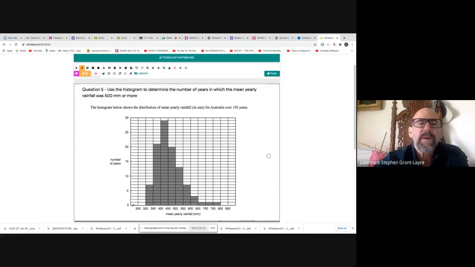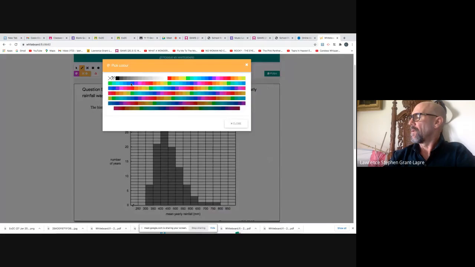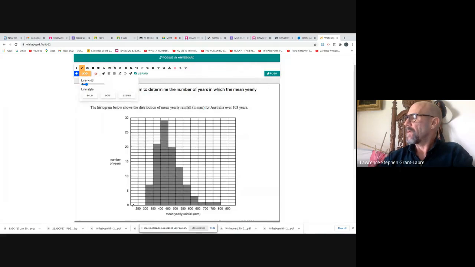Okay, this was answered quite well. This is the mean yearly rainfall in Australia for over 103 years. So how many of these years? Determine the number of years where the mean was 500 or more.